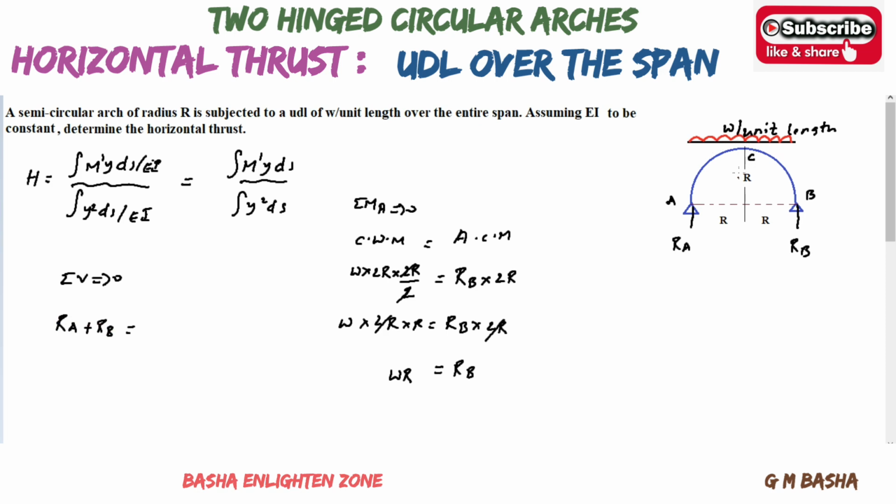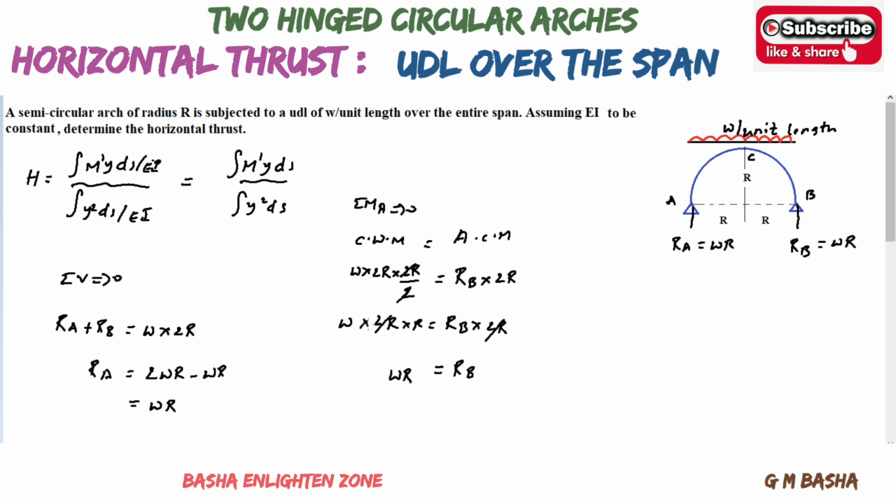L in terms of 2R, W into 2R. So RA will be equal to 2WR minus WR, that is WR. So RA will be equal to WR, similarly RB will be equal to WR.